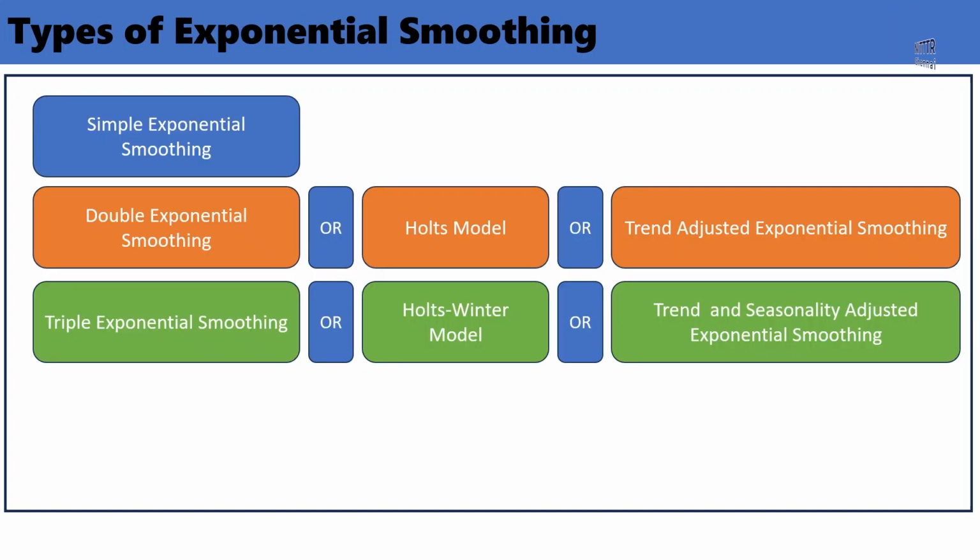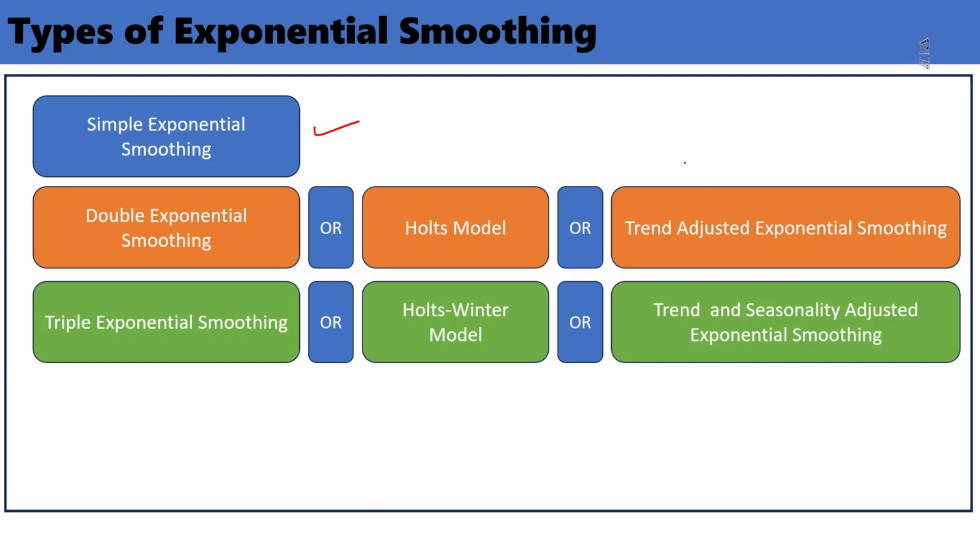Now, let us move on to the types of exponential smoothing. There are three important types. One is simple exponential smoothing. The second one is double exponential smoothing, otherwise called Holt's model. He is the person who identified this method, and it is also called trend adjusted exponential smoothing, because it varies from simple exponential smoothing in identifying the trend.